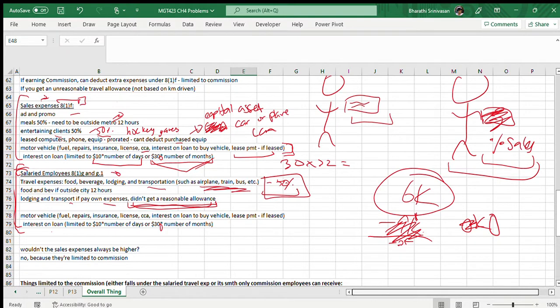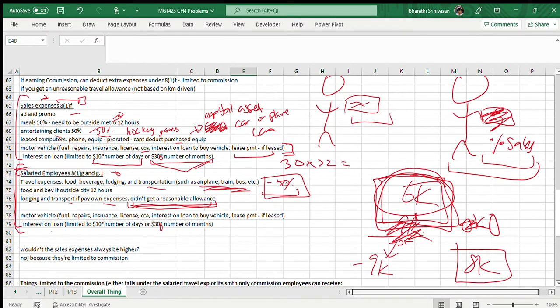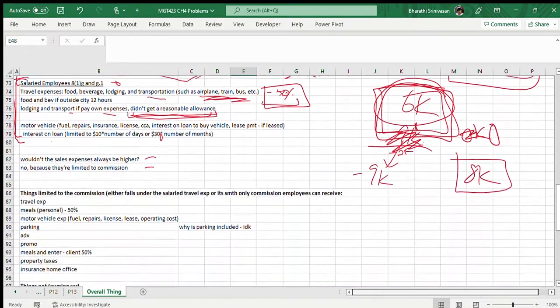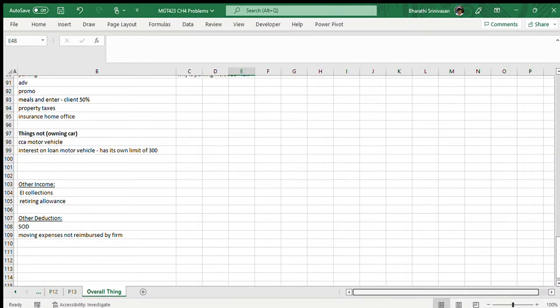Like, if your commission is 6K and your expenses are 9K under this 81F, including all these expenses, and your expenses under this salaried employee thing is 8K, then I would go with this one, because here you're limited to the 6K. You can't deduct more than that. So that is one thing over there. Right, so the sales expenses won't always be higher because they're limited to commission. Is that it here? Okay, nice.